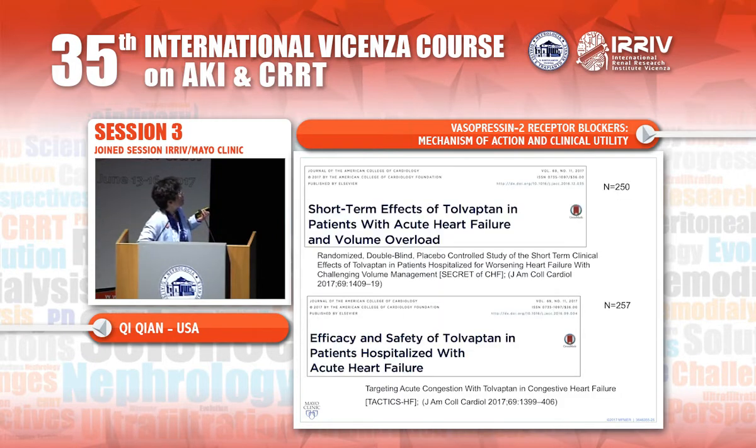These are two more recent trials. One is the SECRET of CHF trial, another one is the TACTICS-HF trial. Both trials are very well designed, randomized double-blind studies, 250 patients in the SECRET of CHF trial and 257 in the TACTICS-HF trial.